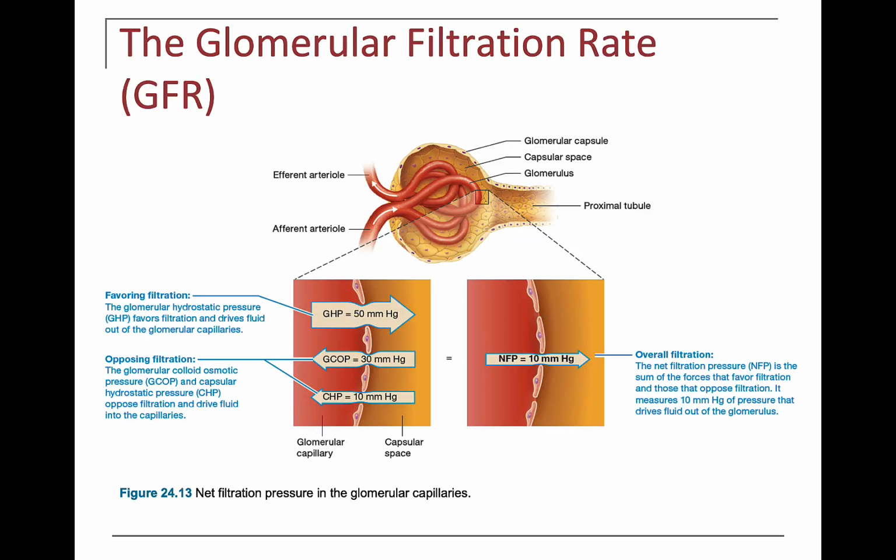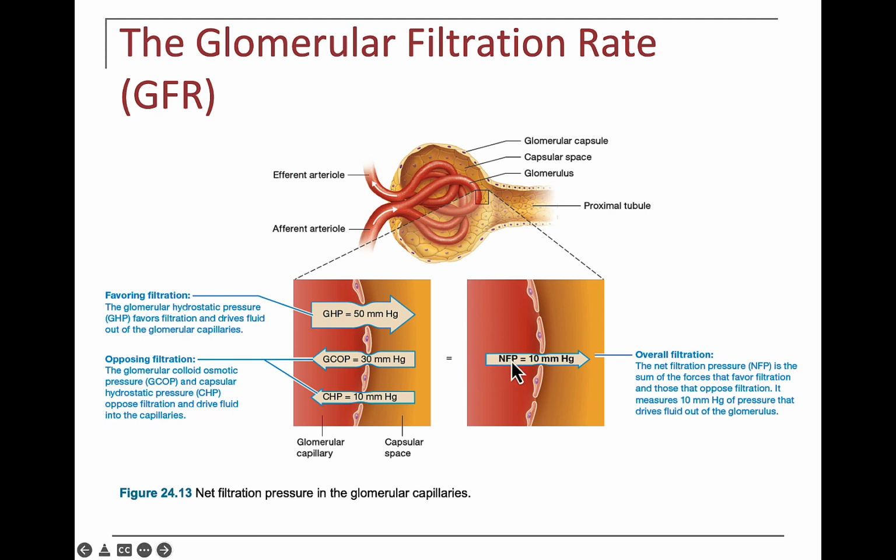So glomerular filtration rate is calculated as follows. All of these abbreviations: GHP stands for glomerular hydrostatic pressure, GCOP stands for glomerular colloid osmotic pressure, and CHP stands for capsular hydrostatic pressure. This is going to be very similar to the net filtration pressure you should have learned in the blood vessel chapter.